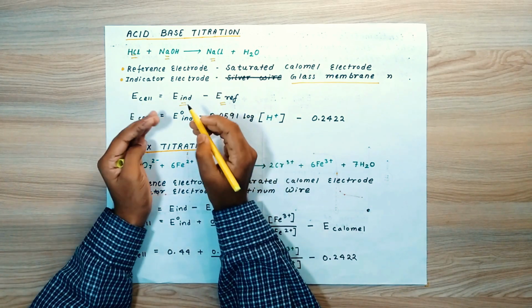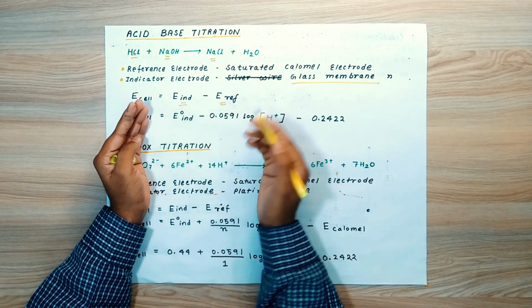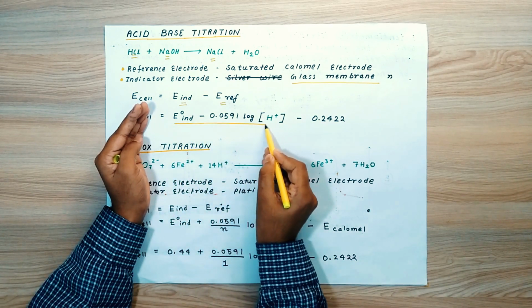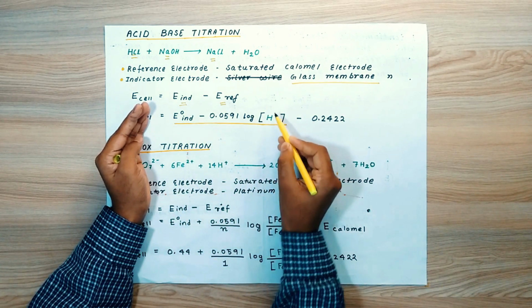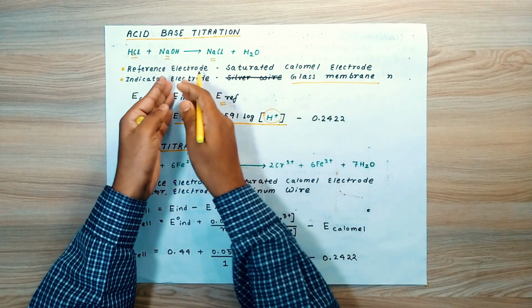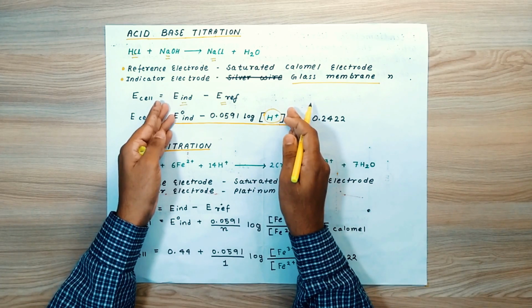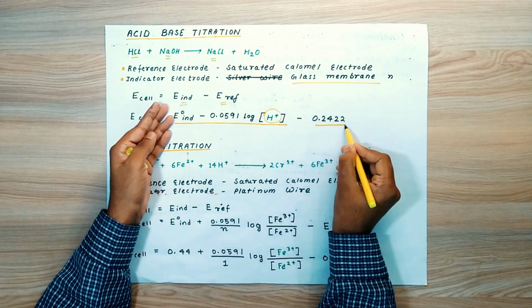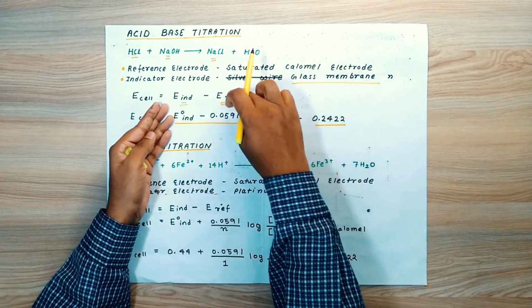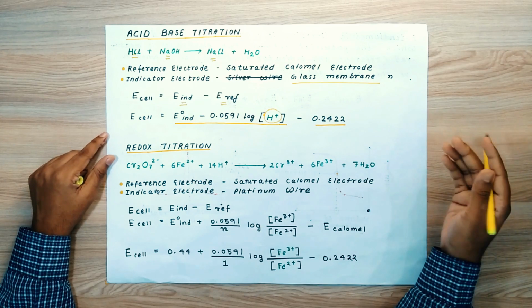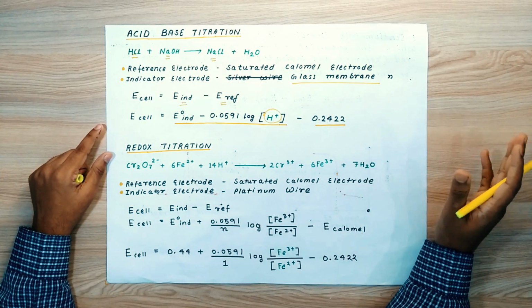Now we know that the indicator potential is equal to the standard indicator potential minus 0.0591 log of the hydrogen ion concentration. We can put that value in place of the indicator potential, and minus 0.2422. This is the potential of our reference electrode, that is, the potential of the saturated calomel electrode, which is constant, that is 0.2422.